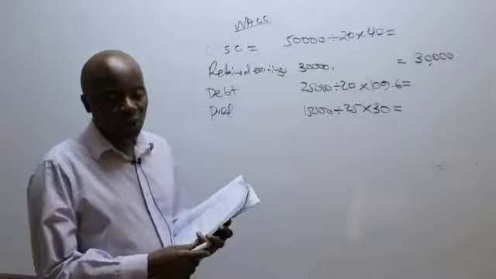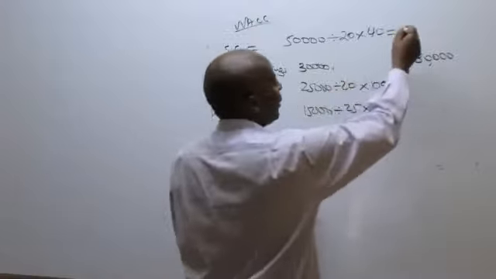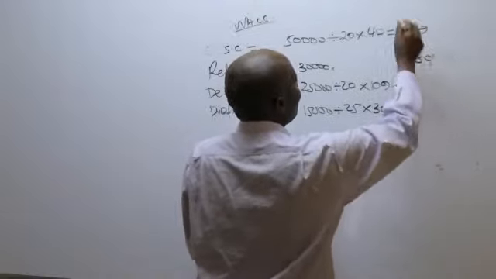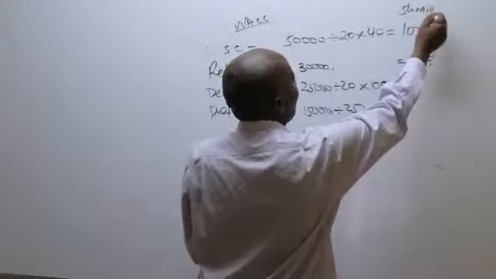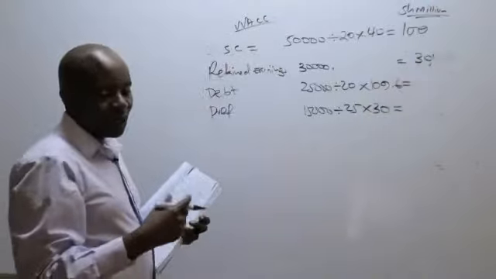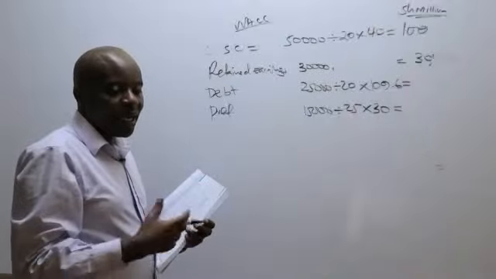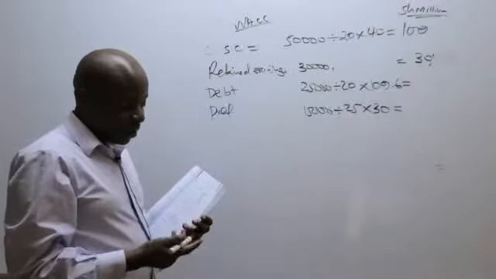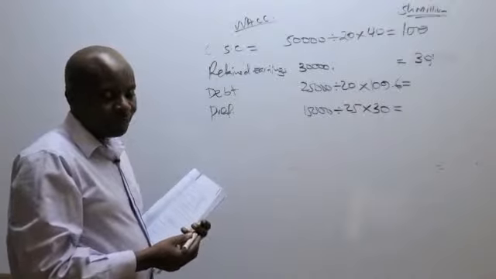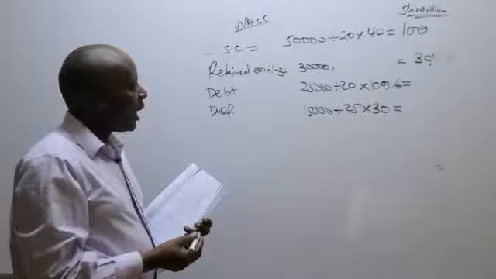Ordinary share capital, the market price. I'm being told ordinary is 100 million. Let's put our figures in millions. So 100. Retained earnings, of course, as you are aware, there is no adjustment. How about debt?